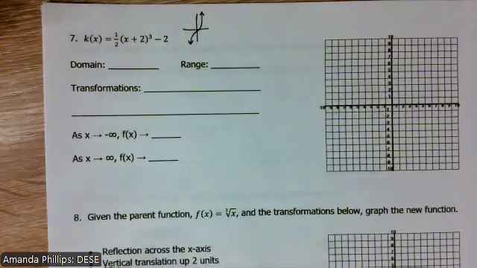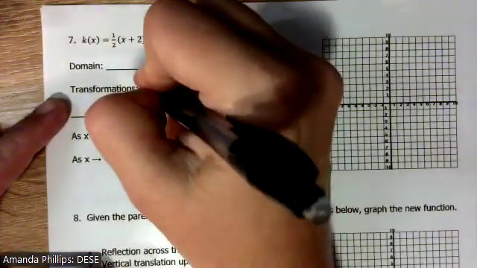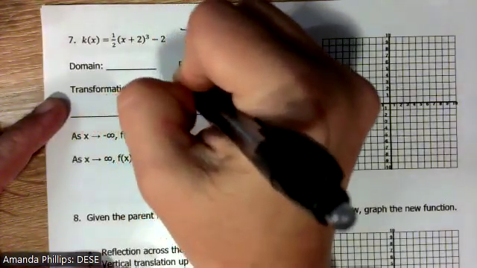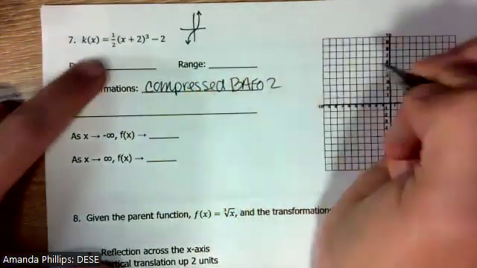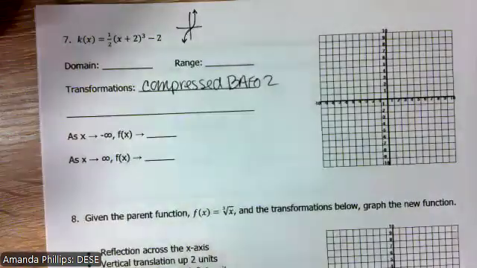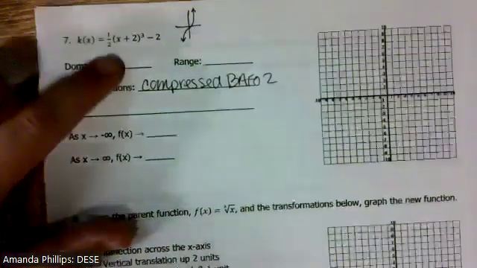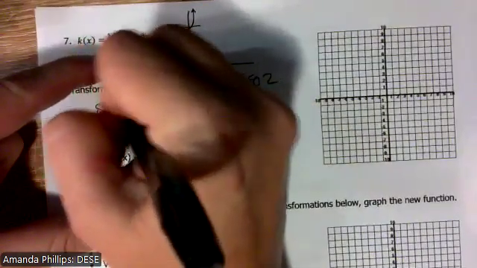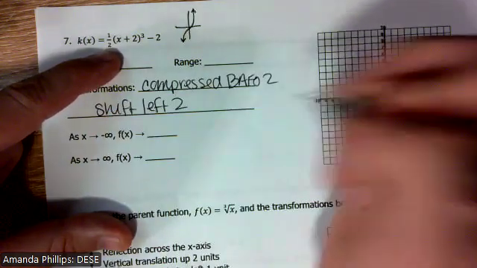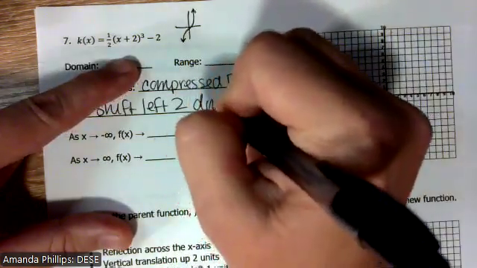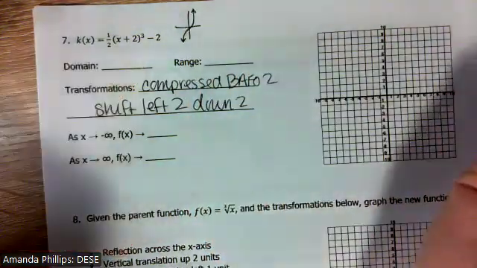I don't want to say domain and range yet because I like to look at the picture, but I can say the transformations. It's being compressed by a factor of 2, and that's because it's 1/2. It's going to shift left 2 because h lies, and it's going to be shifted down 2 because k tells the truth.